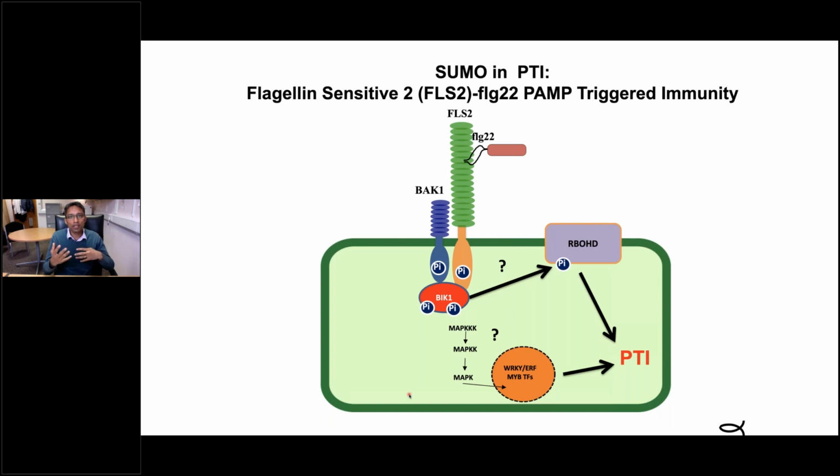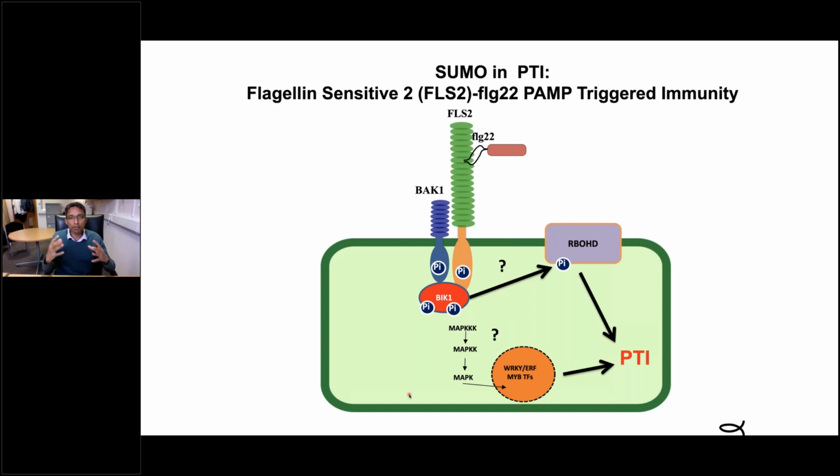Flagellin is the bacterial ligand from the bacterial flagella tail, which then binds to FLS2, the pattern recognition receptor, which then binds to the co-receptor BAK1, which then allows signaling to occur by release of the BIK1 kinase, then the oxidative burst, and then the BIK1 kinase switches on a set of MAP kinases. This immune signaling switches on a MAP kinase cascade, which then gives rise to changes in transcriptional reprogramming to give you overall the PAMP-triggered immunity response.